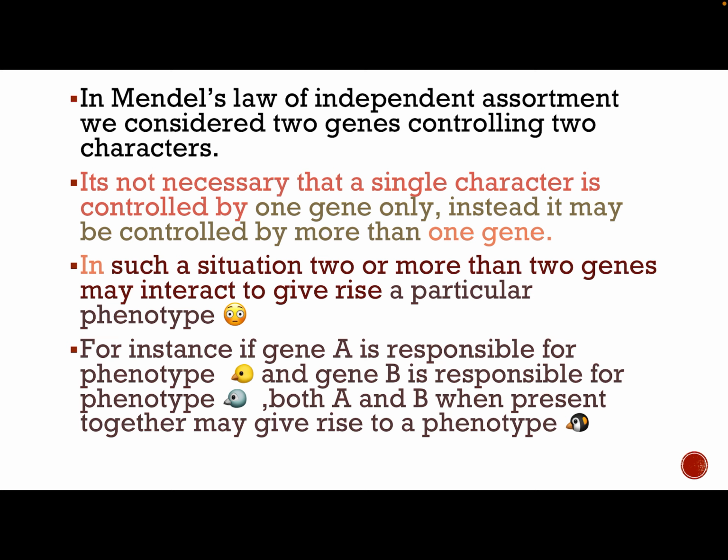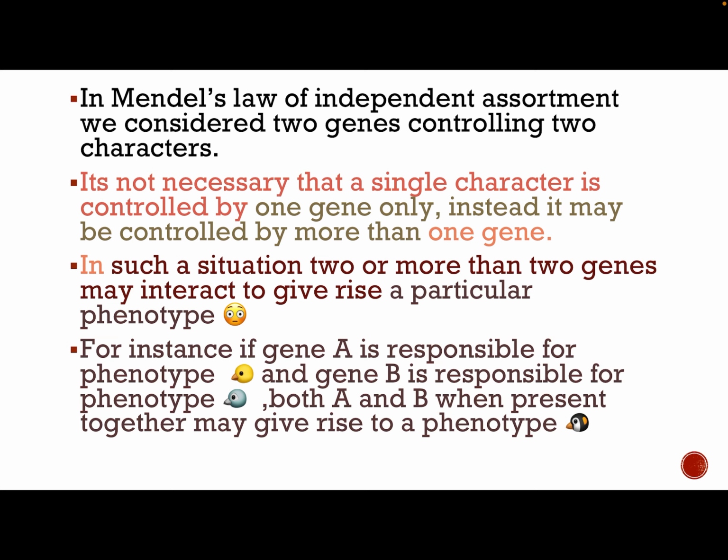In such a situation, two or more genes may interact to give rise to a particular phenotype. Here, we are talking about interaction of two or more genes which are responsible for one phenotype or one character. In Mendel's law, we were talking about different genes and different characters at one time.